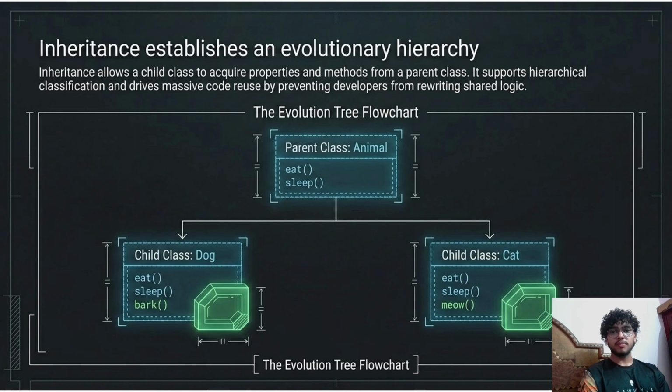Now, inheritance establishes an evolutionary hierarchy. Inheritance allows a child class to acquire properties and methods from the parent class. It supports hierarchical classification and drives massive code reuse by preventing developers from rewriting shared logic. Suppose this is a parent class, and there are some child classes, and they want to inherit the properties of these, so they can easily inherit these properties.